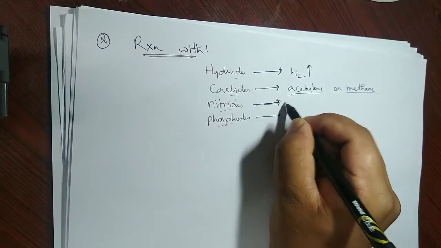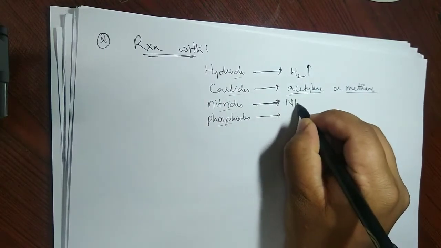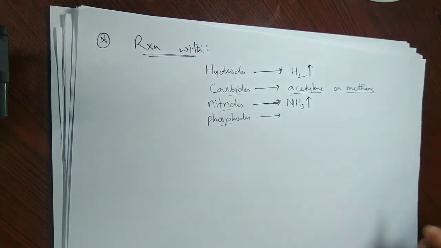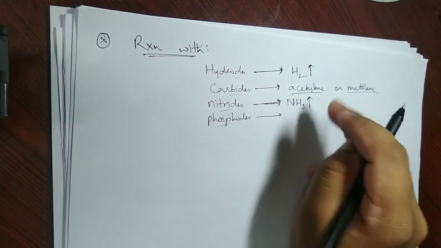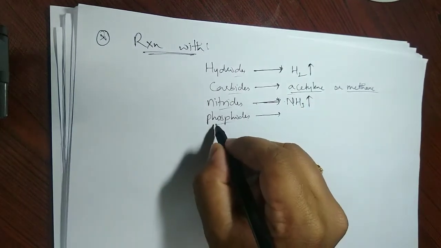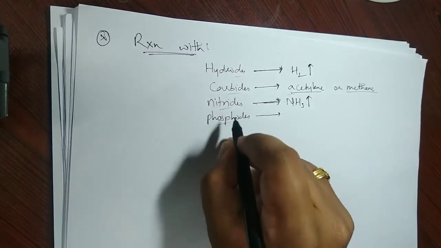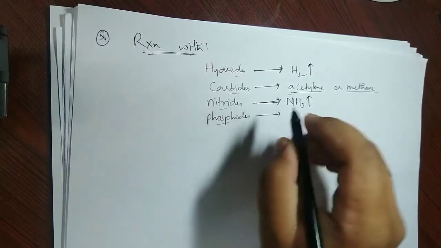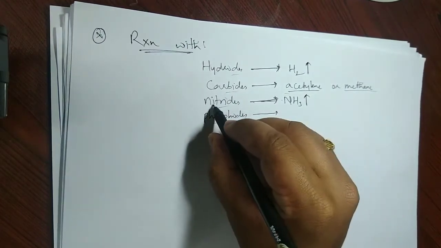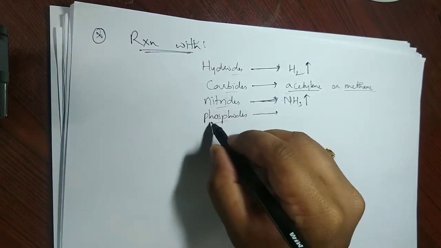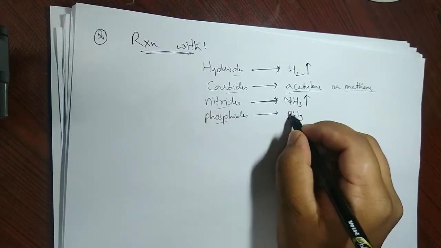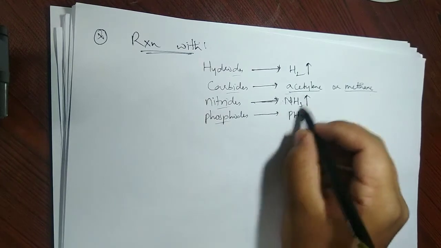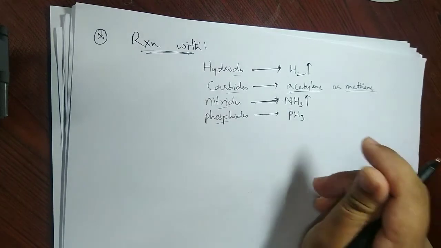With respect to nitrides, ammonia is liberated. It could be in vapors, could also be in liquid state, generally in vapors. And with phosphides we observe phosphine. In case of nitride, ammonia; in case of phosphide, phosphine, PH3. Nitrogen and phosphorus fall in the same group, so NH3 is released here and PH3 will be released there.